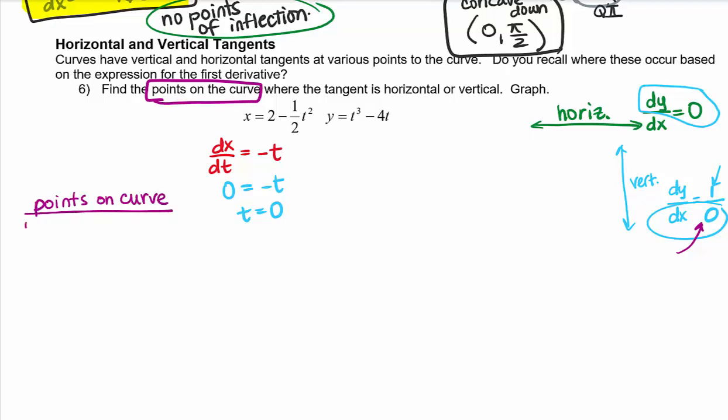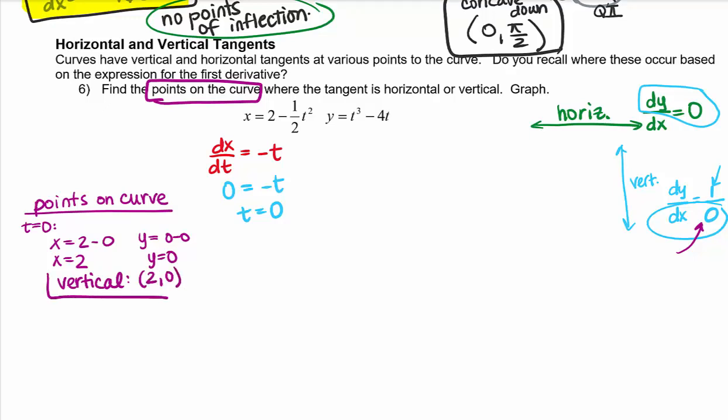So at t equals 0, x will be 2 minus 0, so x is 2, and y will be 0 minus 0, so y will be 0. So I am vertical at 2, not too bad, right?